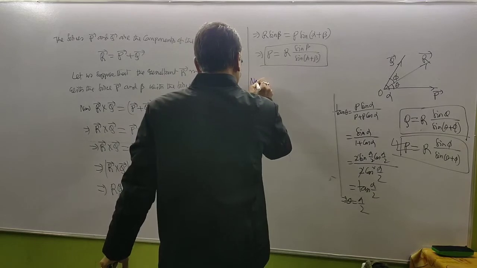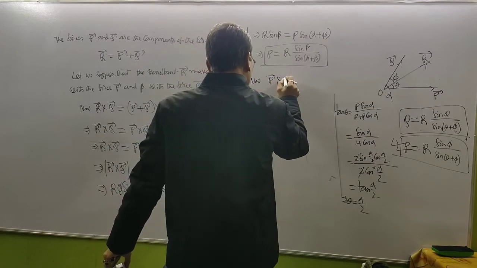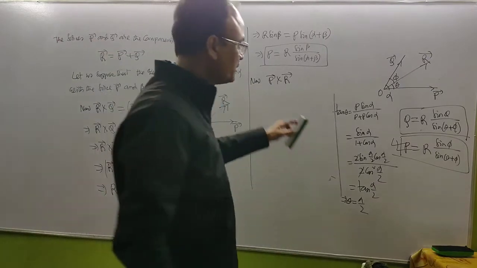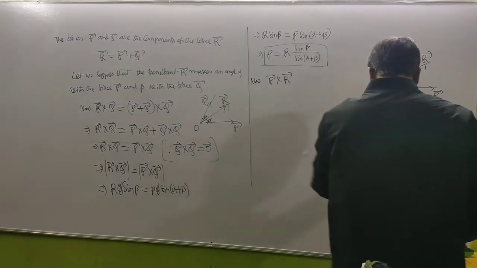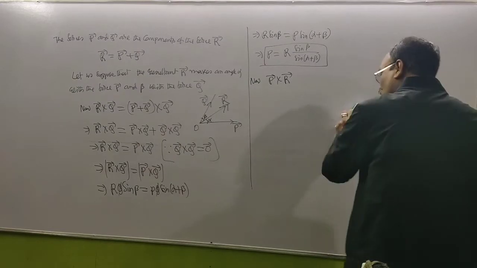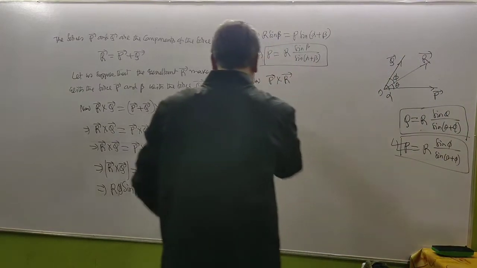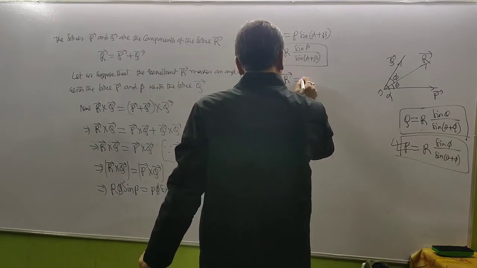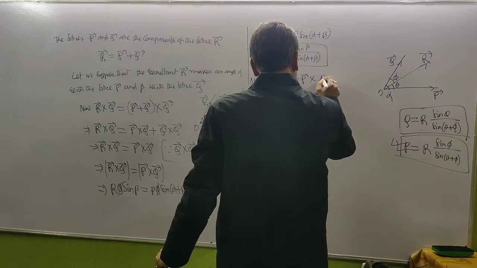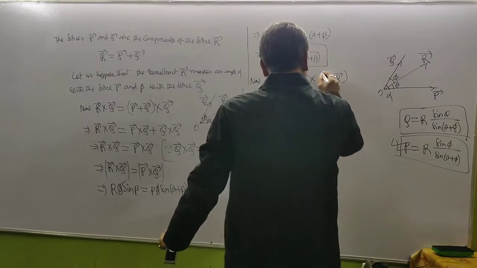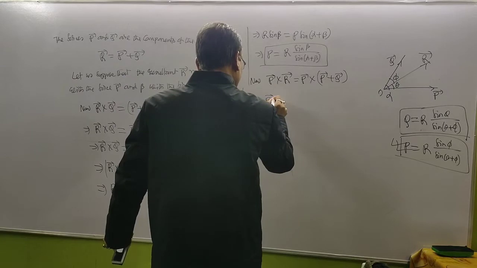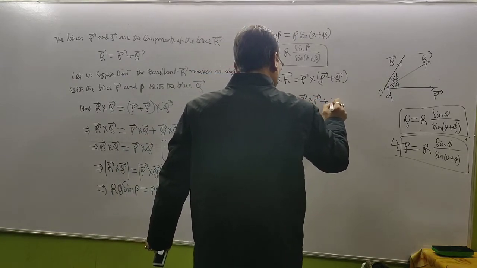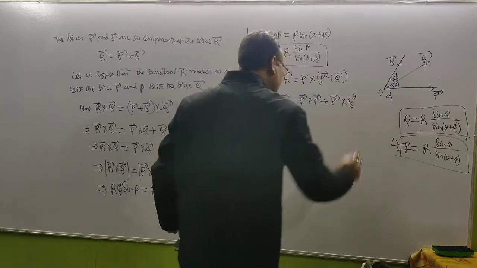Now, take the cross product of the force P and R, where R equals P plus Q. Then P vector cross R vector equals P cross P plus P vector cross Q vector.